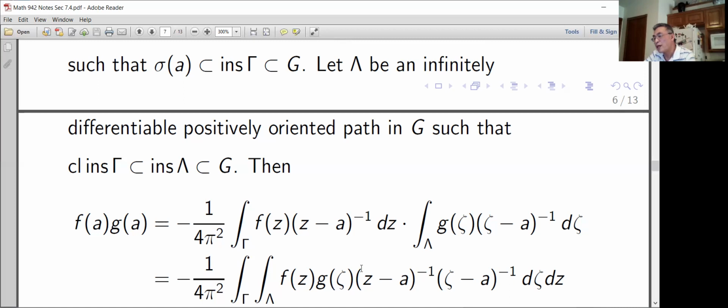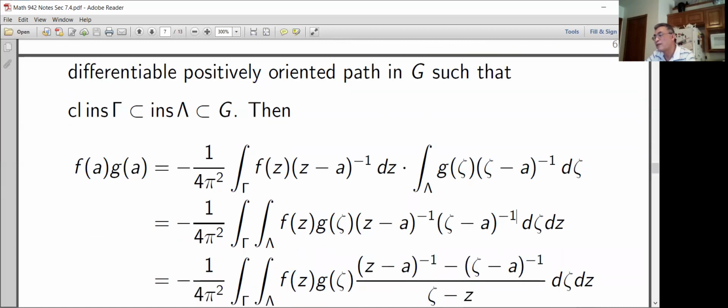Okay, so we have this. Then this part can be rewritten like this. So we can verify this directly if a is a complex number, because we just change these two fractions to a common denominator.